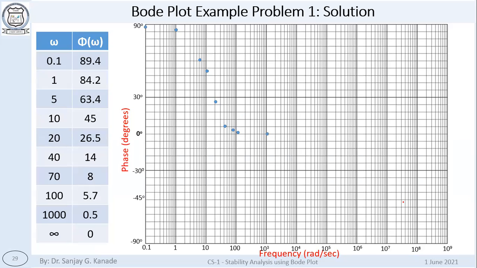The process of finding the intermediate values, you should look at again and pay attention to, and understand how to find those values, right? That is very important. Otherwise you are going to make mistakes, and your plot will be wrong. Okay.